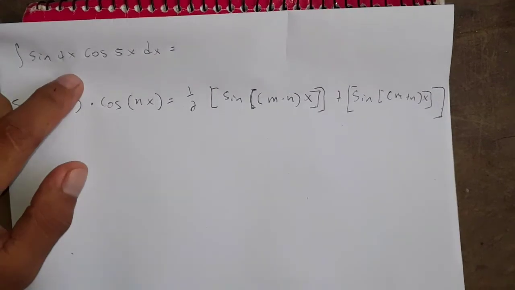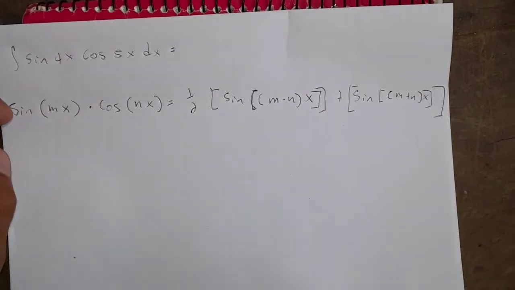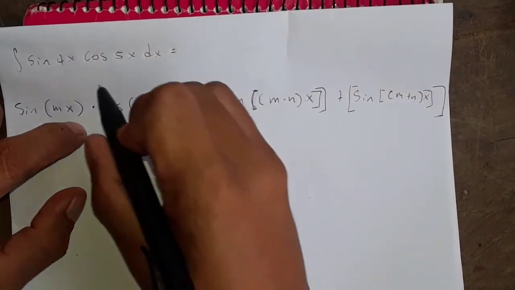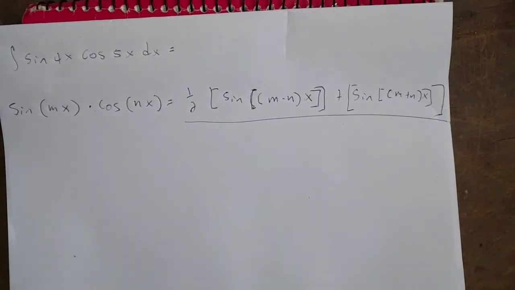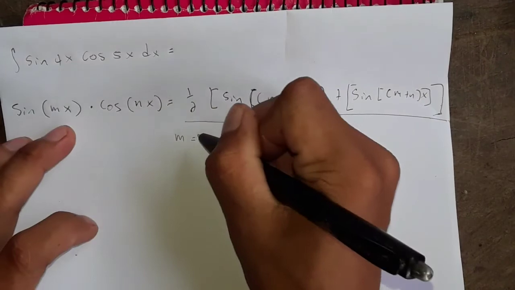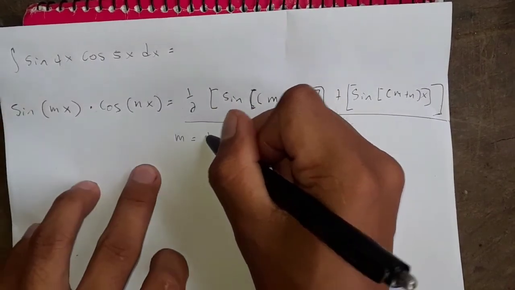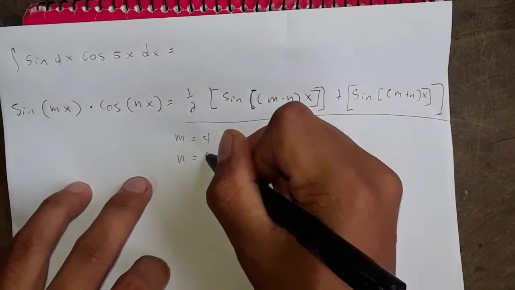To make this kind of function easy to integrate, we substitute the original function by this one. Our m here is equal to 4 and n is equal to 5.